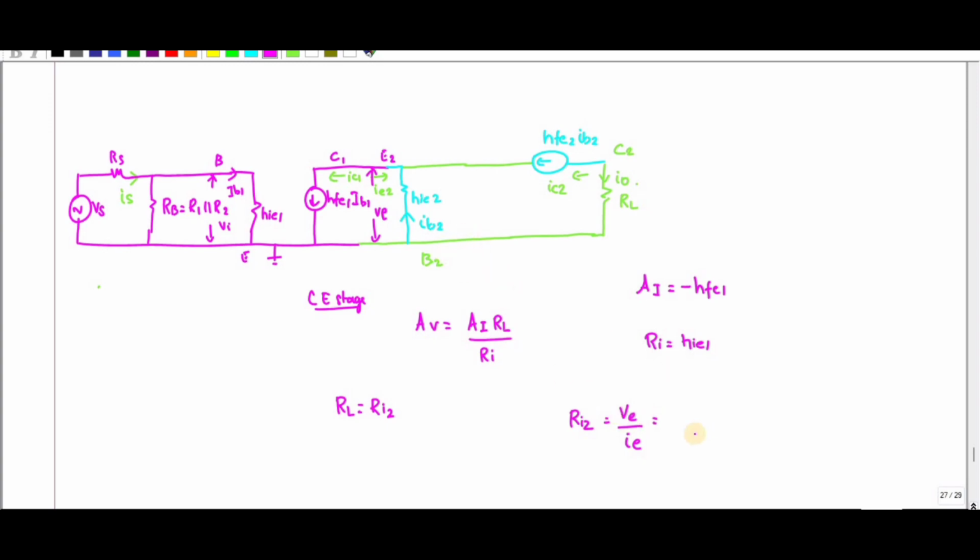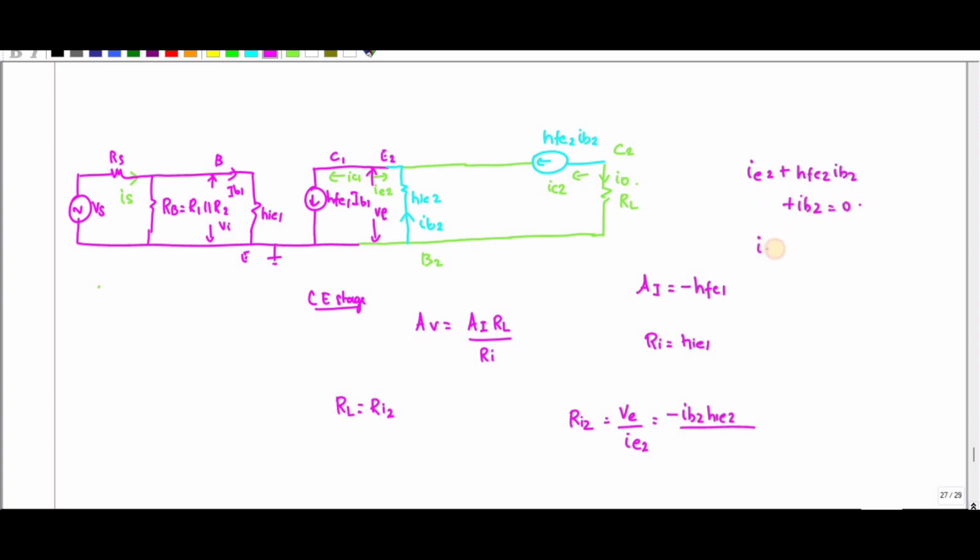So I can write V is equal to minus IB2 into HIE2 divided by IE2. IE2 is nothing but the incoming current IE2 plus HFE2 IB2, IE2 plus HFE IB2 plus IB2 is equal to 0, right?